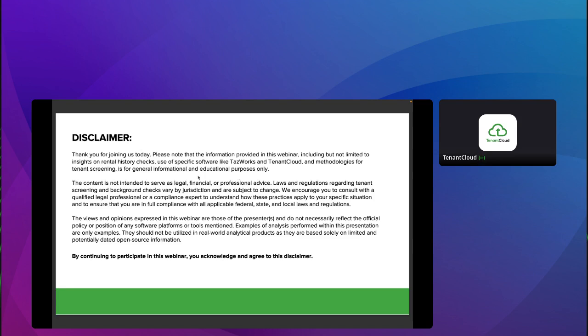You can go ahead and read the rest here, but it's not intended to serve as legal, financial, or professional advice, and etc. By continuing to participate in this webinar, you acknowledge and agree to this disclaimer. The views and opinions expressed in this webinar are those of the presenter and do not reflect the official policy or positions of any software platform or tools mentioned.